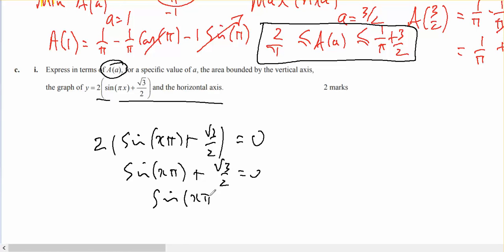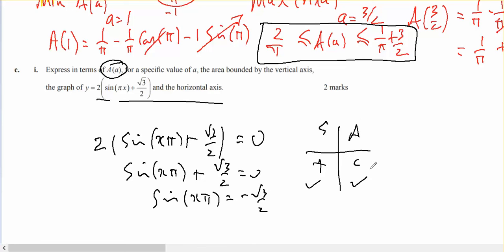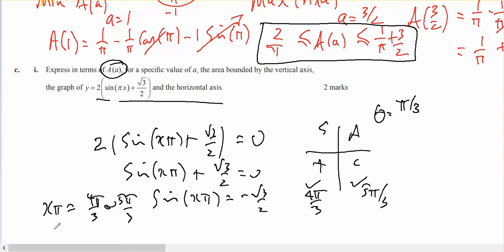Sine of x pi equals minus root 3 on 2. All stations to Collingwood. Sine is negative down there. For root 3 on 2, theta is going to equal pi on 3. So that's 4 pi on 3 and 5 pi on 3. Therefore, x pi equals 4 pi on 3, or 5 pi on 3, which means x equals 4/3 or 5/3.